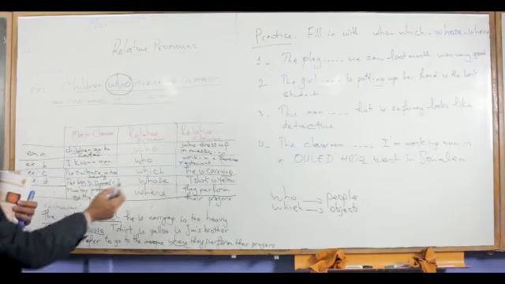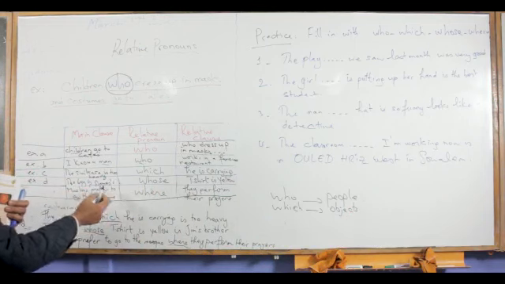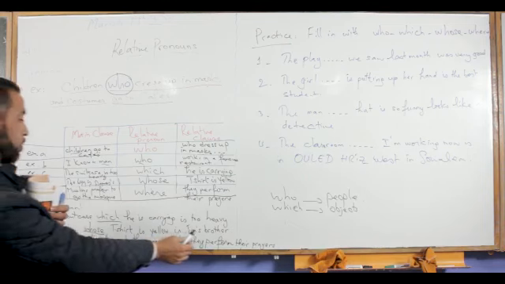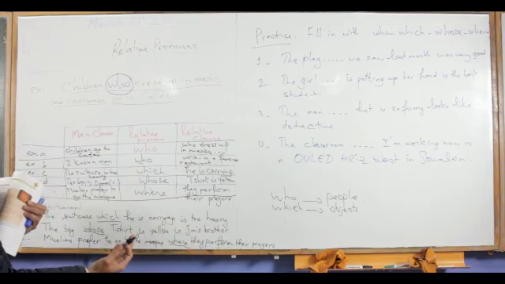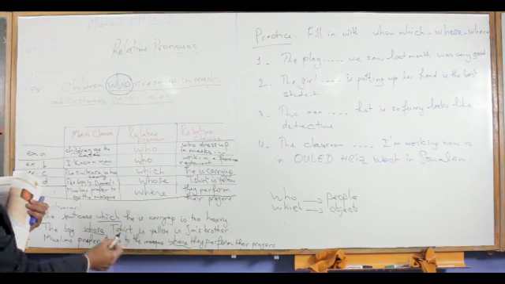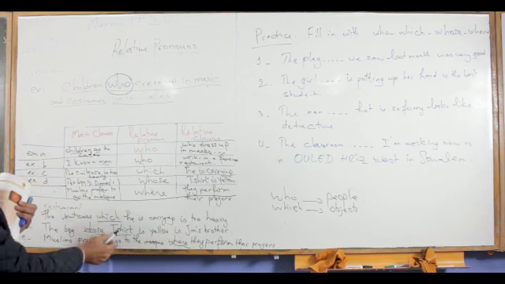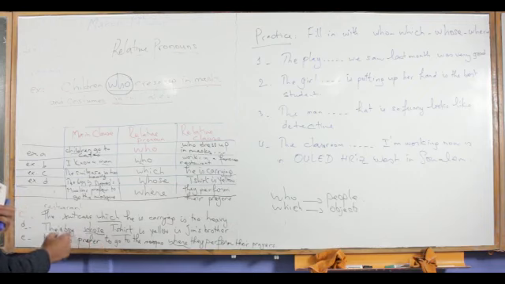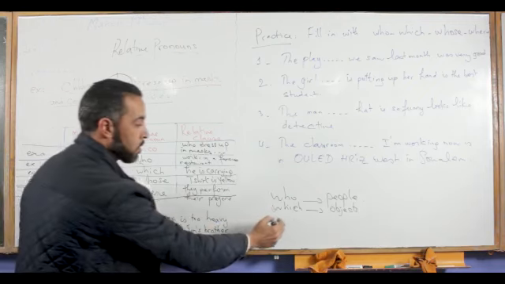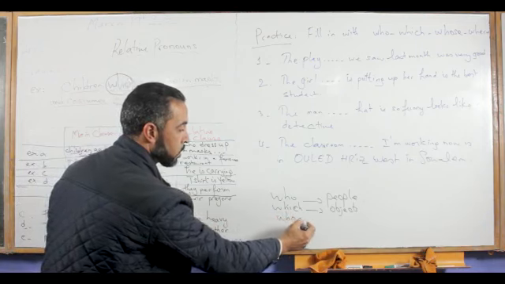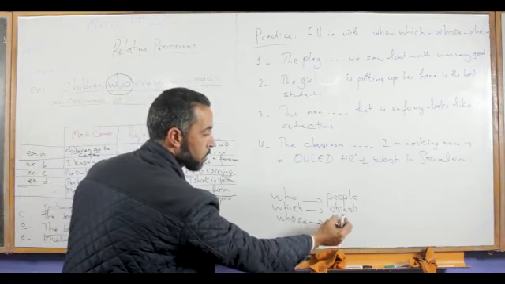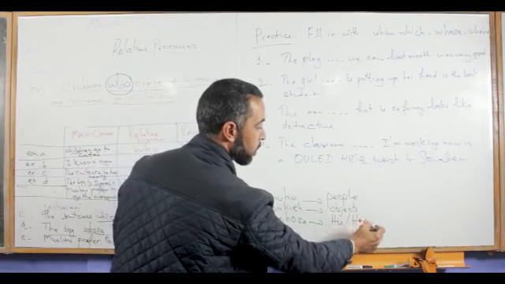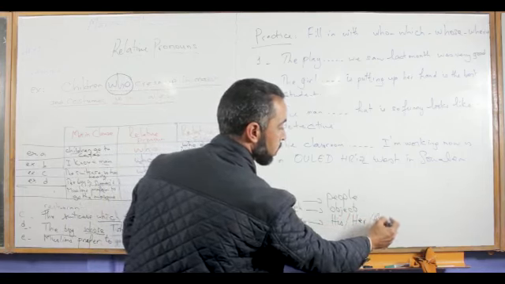Next one, the word whose. The boy is James' brother. The boy, what does he have? He has a t-shirt. So a t-shirt belongs to the boy, which means whose means his. Whose refers to his. It also refers to her or their.